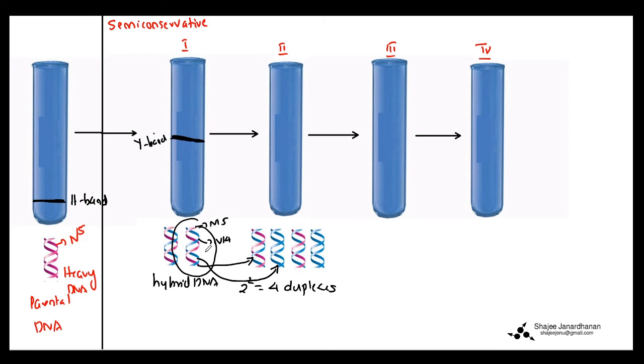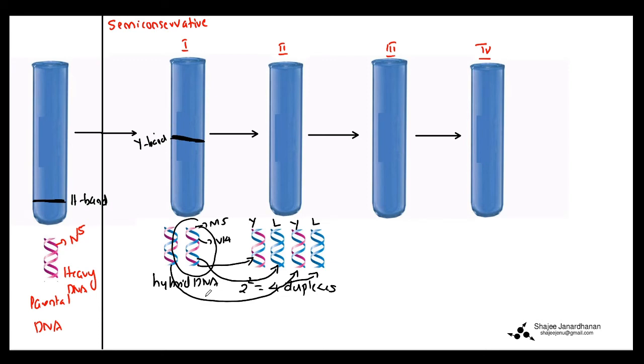So this single daughter duplex will give rise to another hybrid DNA and a light DNA in the second generation. Similarly, this hybrid DNA will give rise to 2 such daughter duplexes. One is a hybrid one and the other is a light DNA.